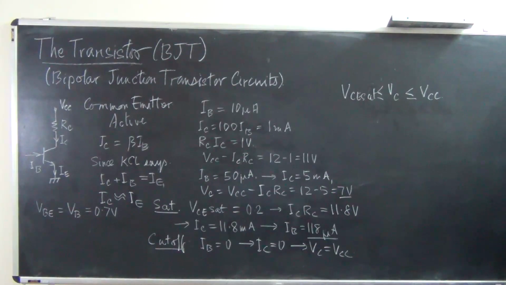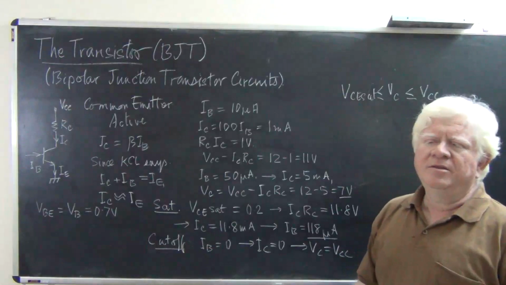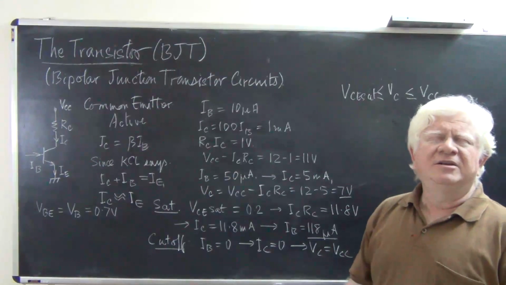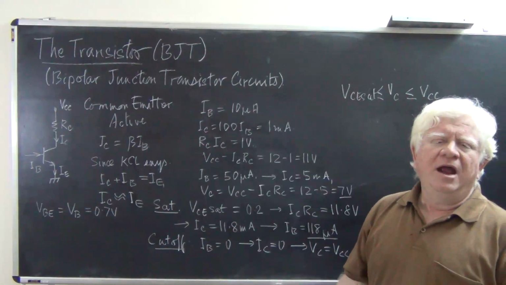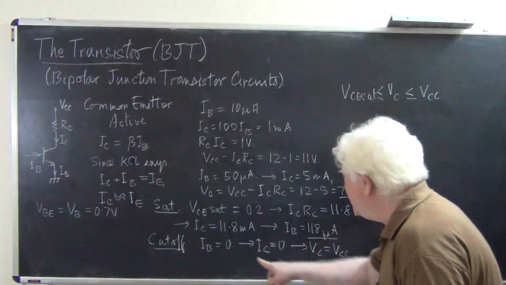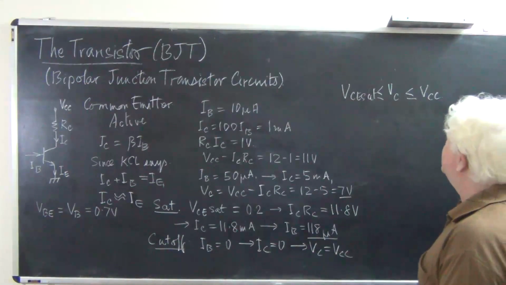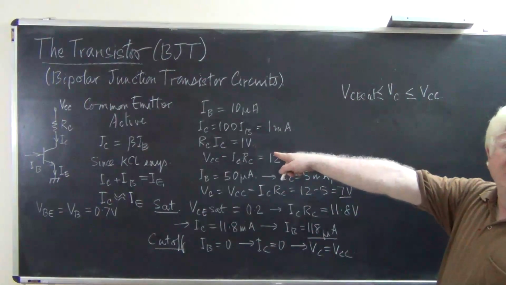The maximum collector current occurs when the collector enters into saturation, and in this case we know that that is around 11.8 milliamperes, let's say 12 milliamperes, for our choice of 1 kilo ohm collector resistor.